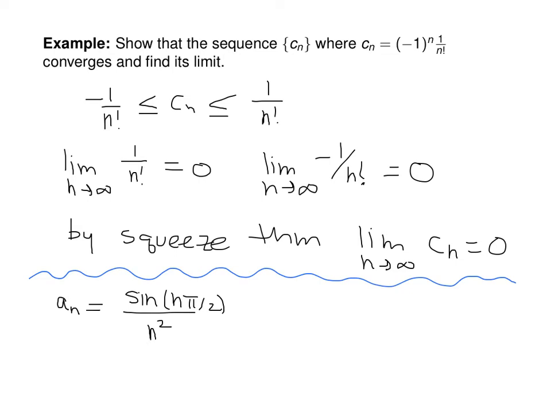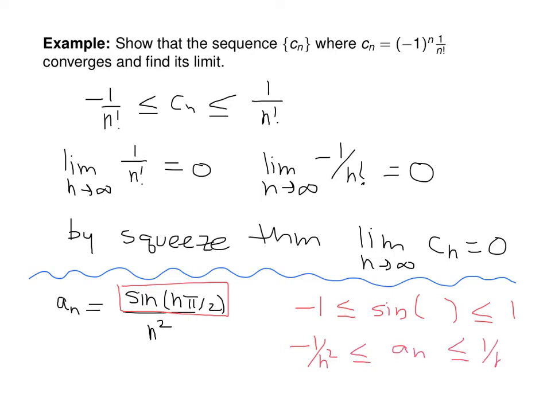So when you plug in successive values, sine is always between -1 and 1. So you always could say that -1 is less than or equal to sine of anything less than or equal to 1. So that would tell you that your a sub n is in between -1 over n squared and +1 over n squared.